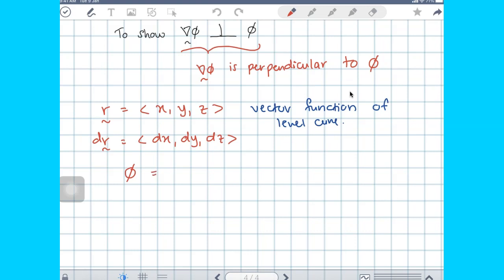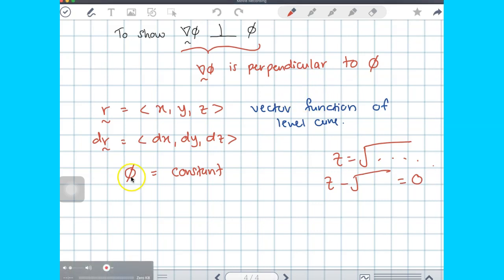So the scalar function given is now rewritten into a constant or 0. Remember in the previous example, we had z equal to a square root and so on, and you bring it over and make it equal to 0, so you have z minus the square root whatever equal to 0. So that is phi actually, or f.